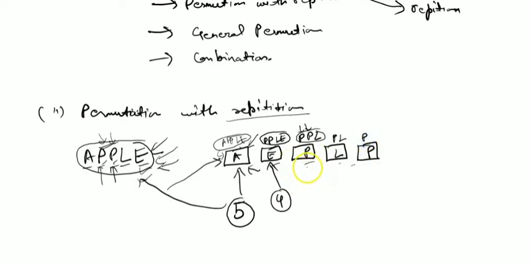So it means that I have 3 choices for here, 2 choices for here, and only 1 choice for here.